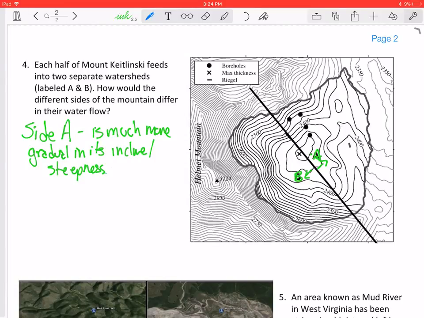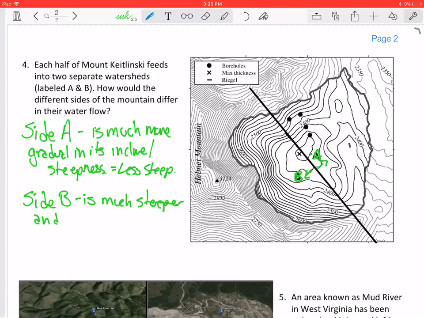Side A is less steep, and because it's less steep, the water's going to flow slower than it would on side B. So side B is much steeper.